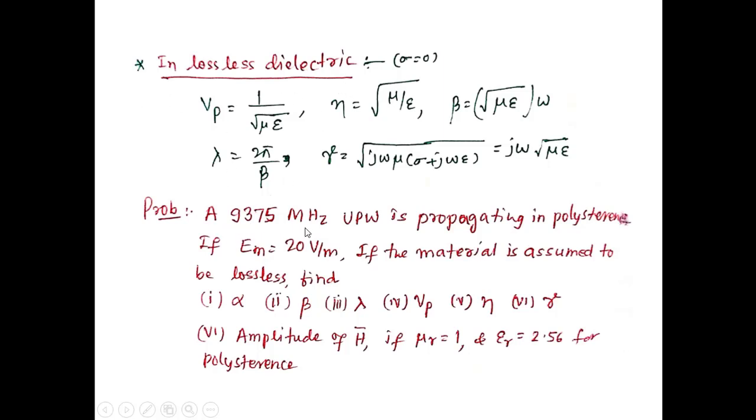Say a 9375 MHz uniform plane wave is propagating in polystyrene, and the amplitude of the electric field is given as 20 volt per meter. If the material is assumed to be lossless, you have to find attenuation constant, phase constant, wavelength, phase velocity, intrinsic impedance, propagation constant, and amplitude of H bar, if mu r is equal to 1 and epsilon r is equal to 2.56 for polystyrene.